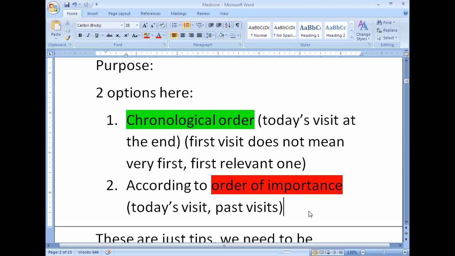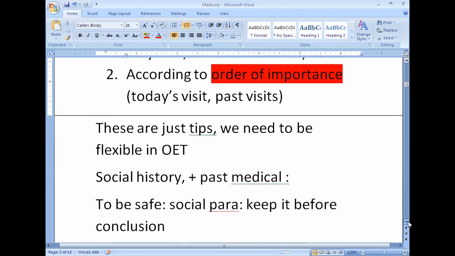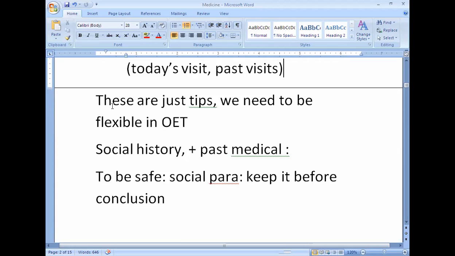If we write things from here and there that are not relevant, they will not read the letter because they don't have time. So these are just tips. We need to be flexible. Sometimes order of importance is okay for some cases, and for some cases chronological order is okay.